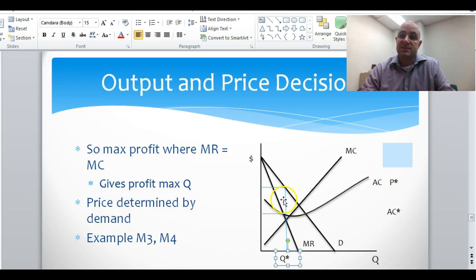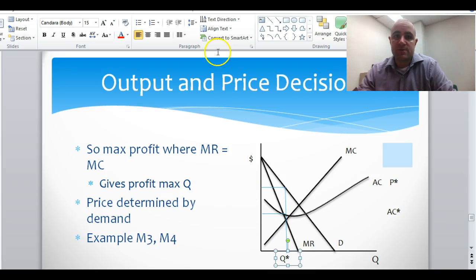Some people tend to make the mistake of saying, okay, well, you maximize profits where marginal cost equals marginal revenue, and so that means that this is the price right here. Okay? We're at the intersection of the two. No, it's not. If a firm wants to maximize their profits and sell a certain amount of output that they deem to be the profit maximizing amount, they're going to want to tell the consumers how much to pay. And with that, consumers are going to want a certain amount.